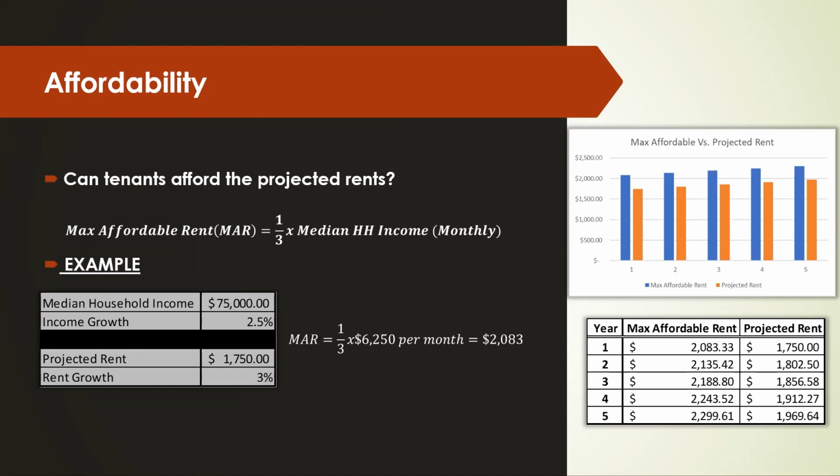And as you move through there, with the increases in income and increase in rent, when we hit year 5, the max affordable rent is $2,299, where the projected rents are $1,969. So when we're looking at this up front, we can see that we're still well within what their max affordable rent is, which is great. We know we're under by over $300.